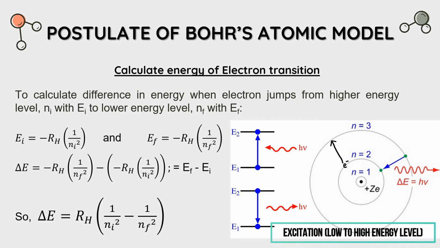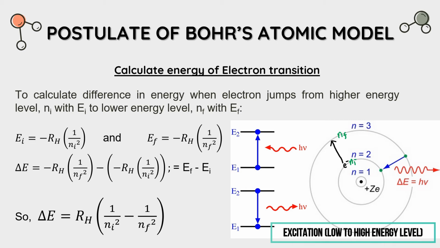According to the movement of the electron, from this low energy level to this high energy level, or excited state, we can identify the energy level at N2 as N initial and the energy level at N3 as N final, according to the electronic transition in absorption or excitation.